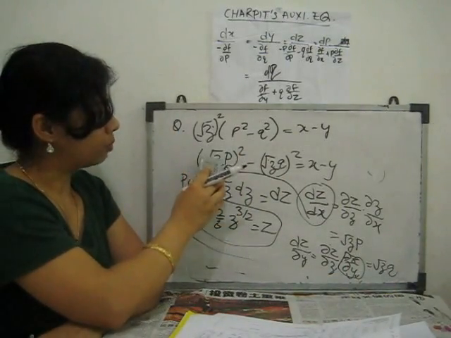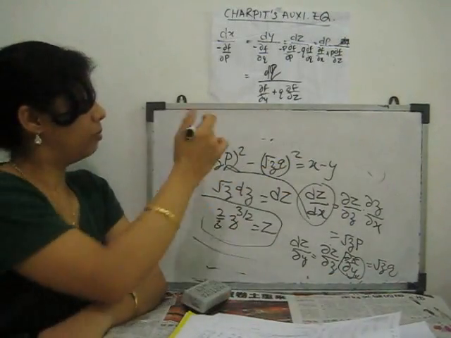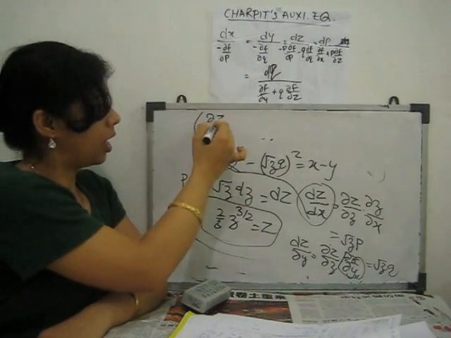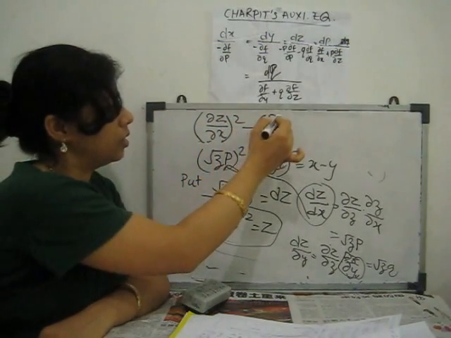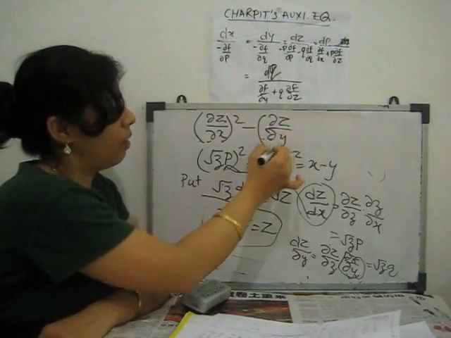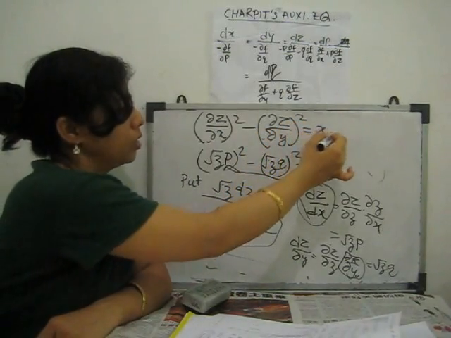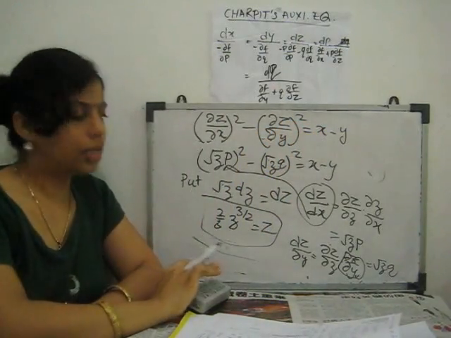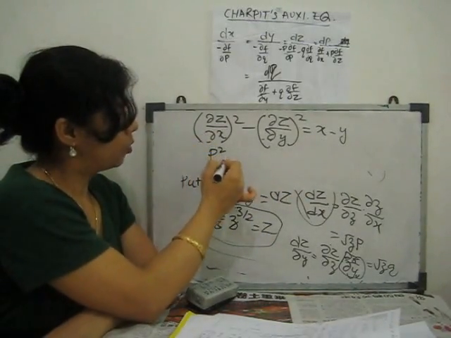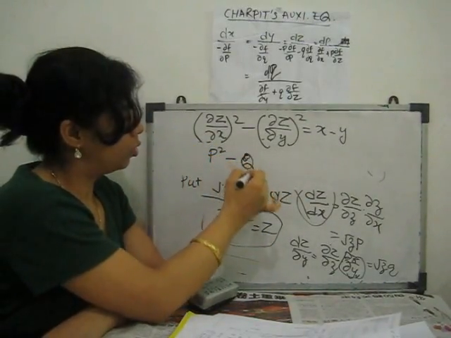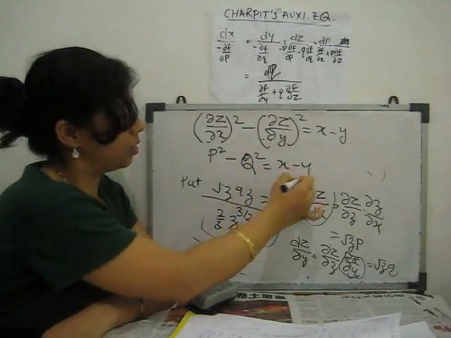When we substitute here, what does our equation become? Del Z upon del x whole square minus del Z upon del y whole square equal to x minus y. Clear? We can say this is capital P square minus capital Q square equal to x minus y.